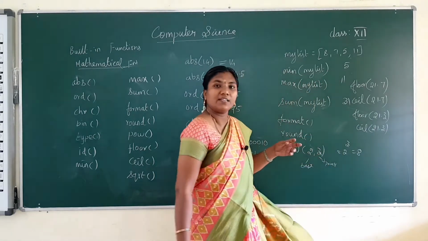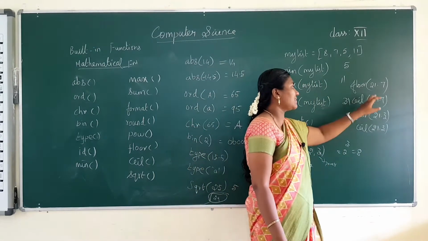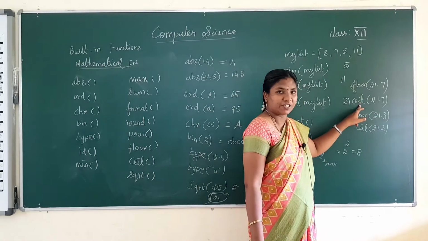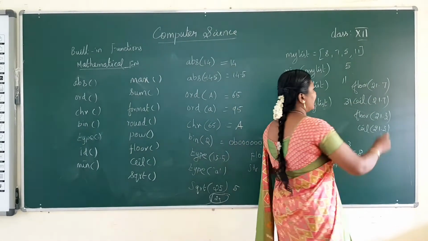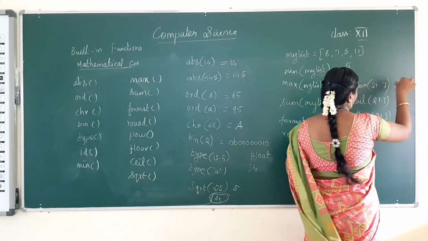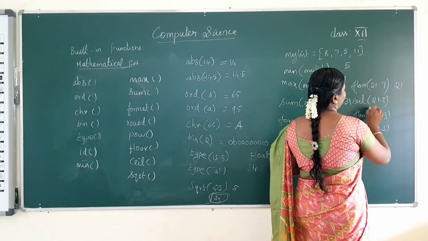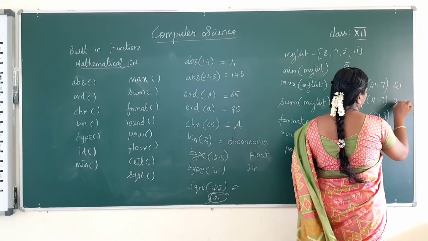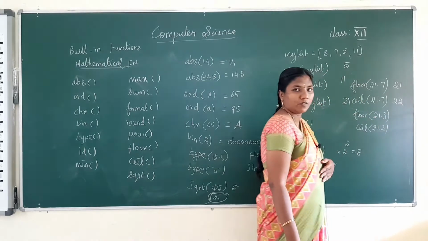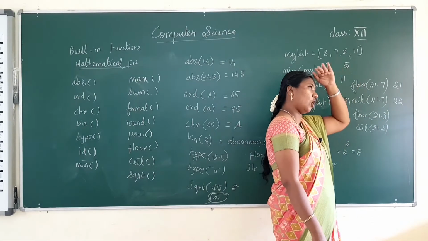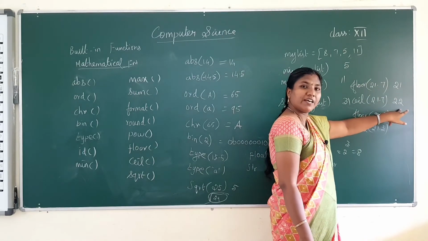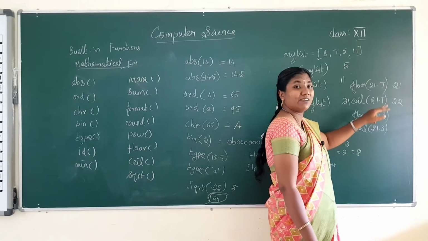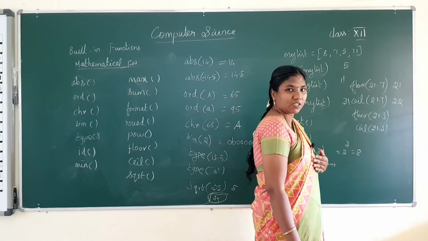So, the floor function will give the base value, that is the integer, which is 21. And the ceil function will give the next one, that is 22. It will be rounded up, the maximum top value will be given. And why is it giving us 22? Because 21.7 is above 5. So, that is why.